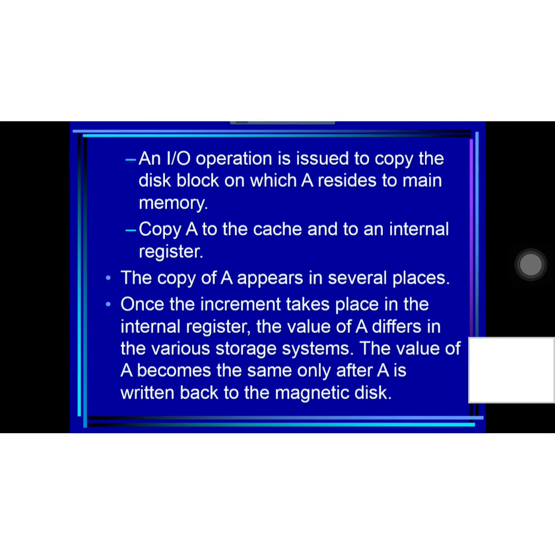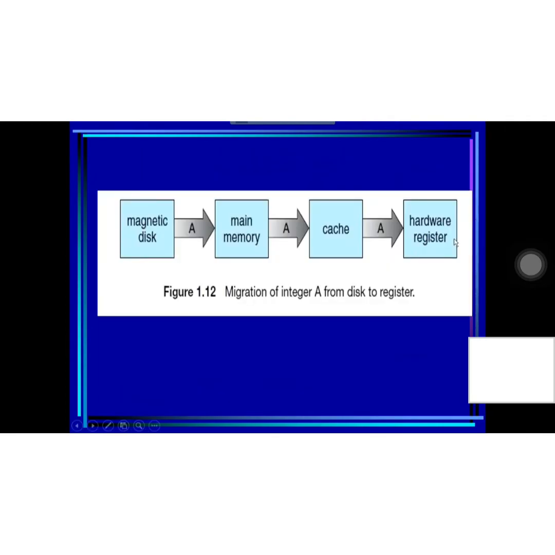The movement of information between levels of the storage hierarchy may be either explicit or implicit, depending on the hardware design and the controlling operating system software. In a hierarchical storage structure, the same data may appear in different levels of the storage system.